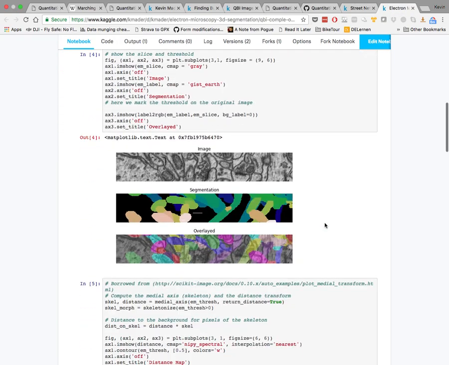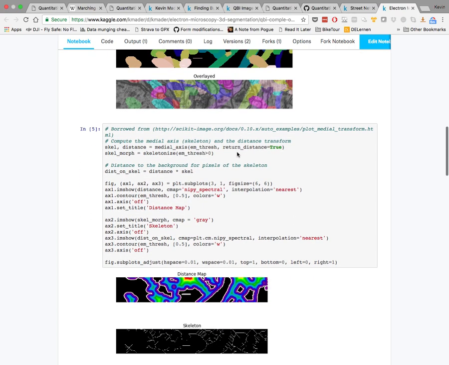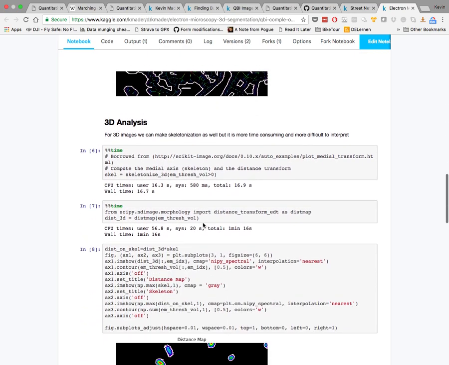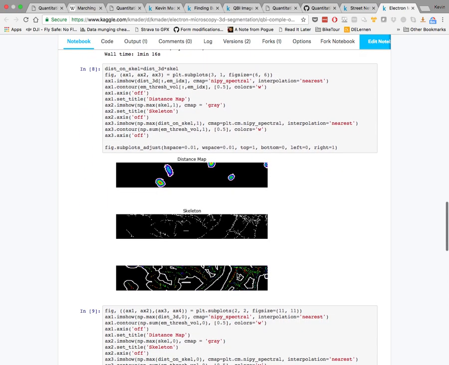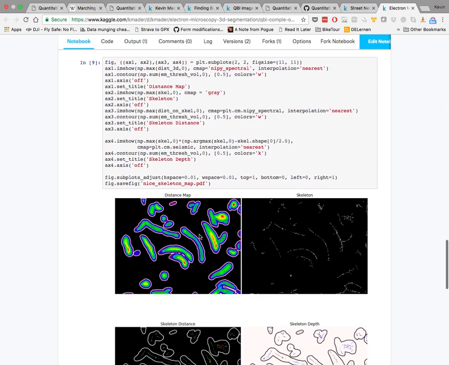For electron microscopy, you can do the same sort of thing, that you have all of these objects inside of your electron microscopy image, and you actually already know where these objects are, and you can use a distance map and a skeleton to start to analyze those objects. And so here we can see what the skeleton structures look like that we extract and what sort of pruning operations are necessary for identifying how long is this object?